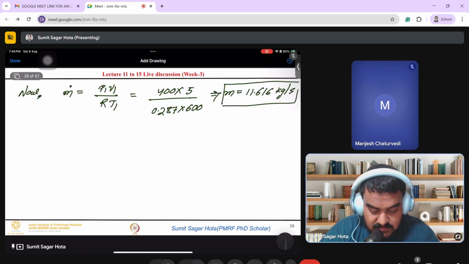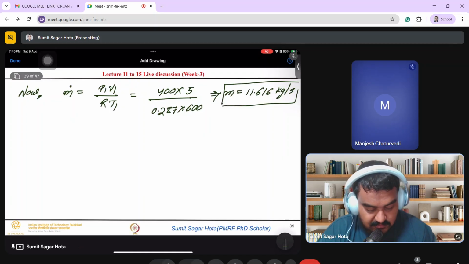Now let's apply the formula for turbine work.